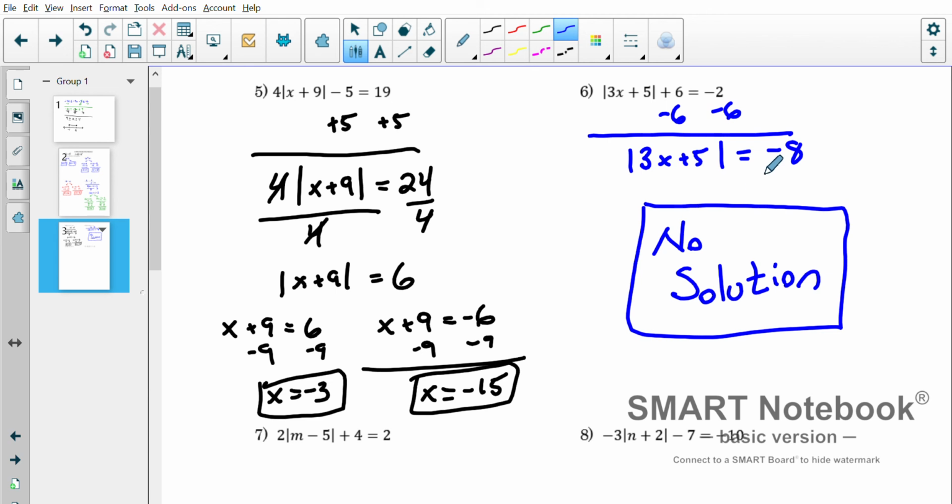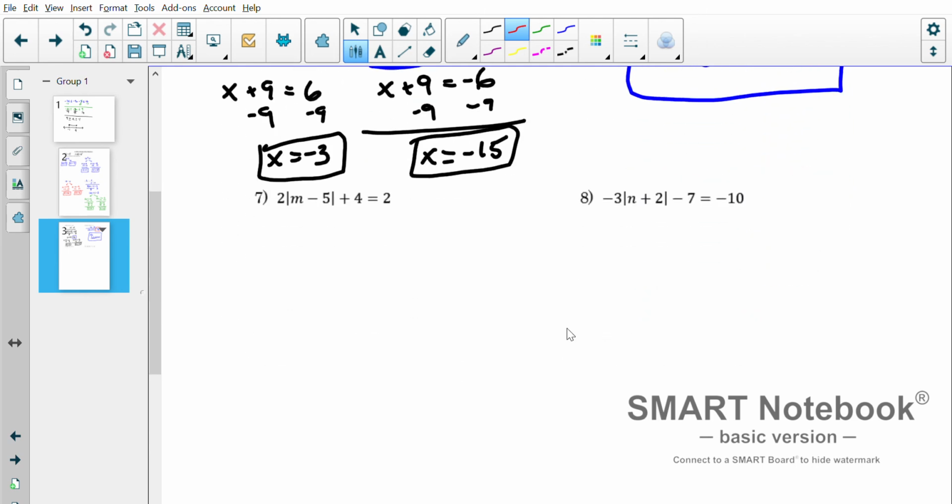Now, this is much different than having a negative value like we did in number 5. In number 5, when we split it up, it equaled a positive value. However, over here, when we went to split it up, it equaled a negative value. When you go to split it up, it cannot be negative. It is no solution. All right, now for the last couple.